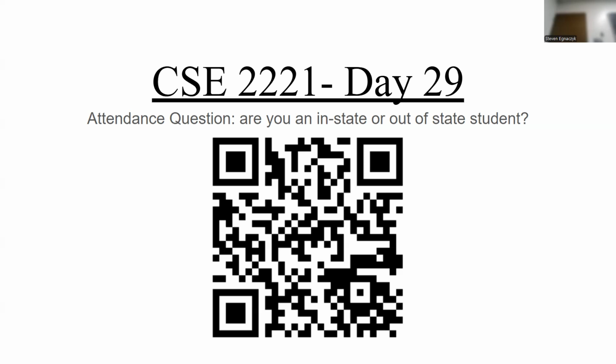There are what are known as mutable reference types, and there are what are known as immutable reference types. Who can tell me the difference between the two?